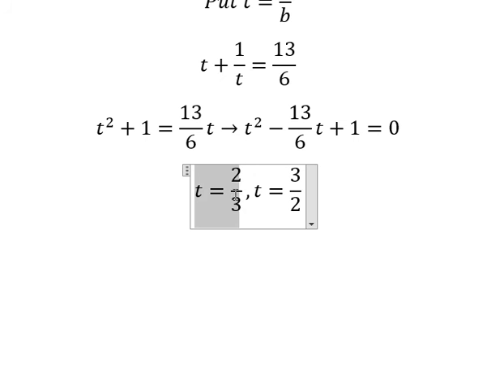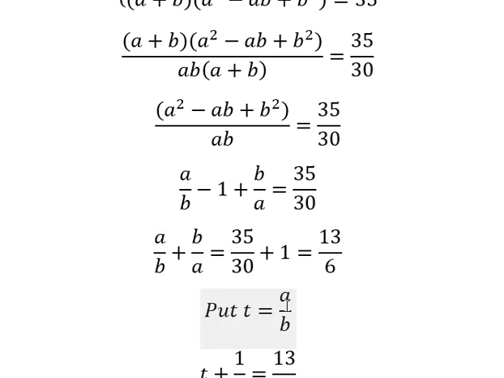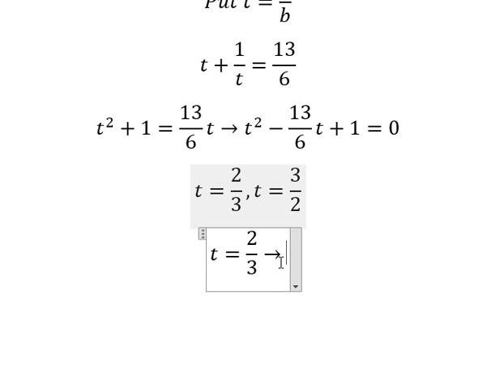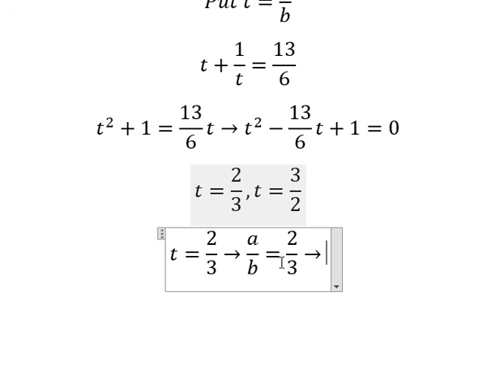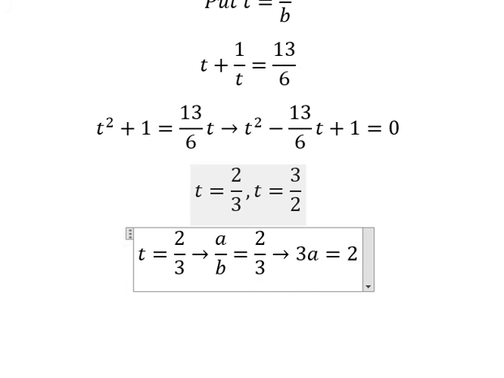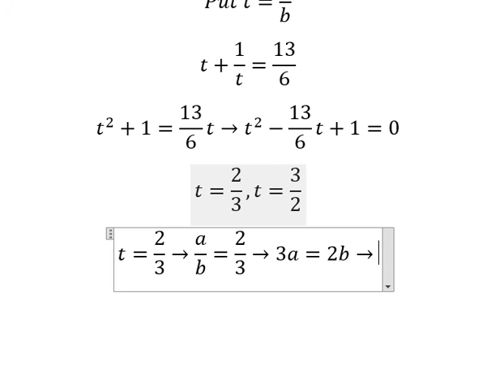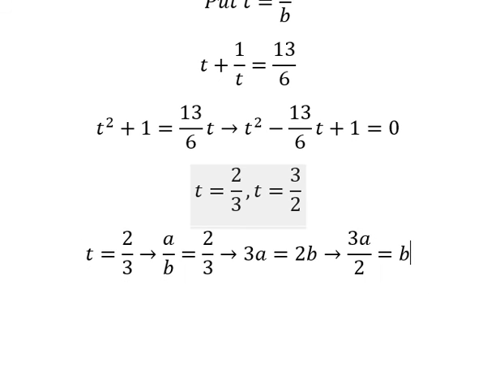Now, about this one, we know that t is a over b. So we have 3a equals to 2b. Or we can put it as 3a over 2 equals to b.